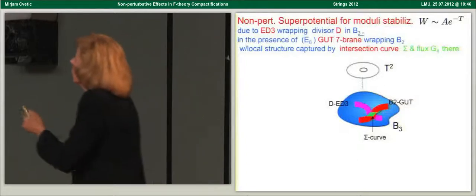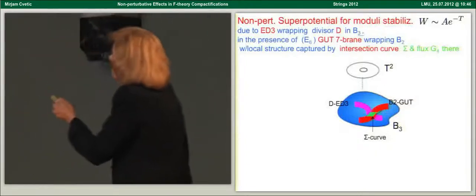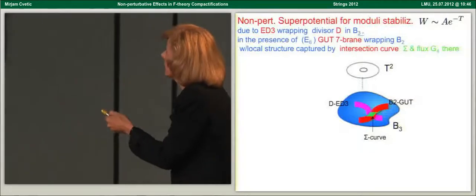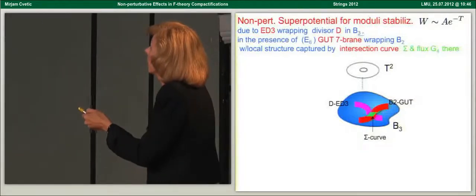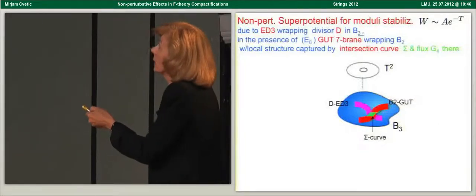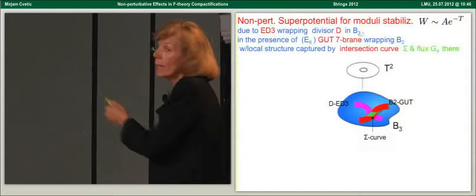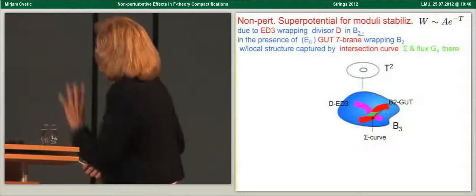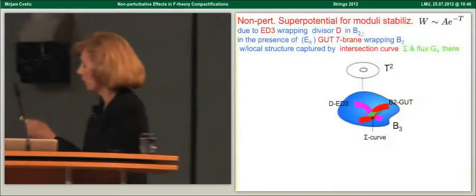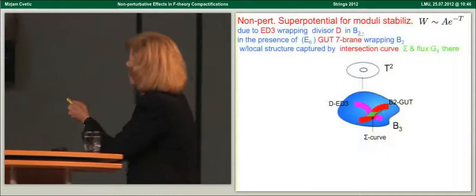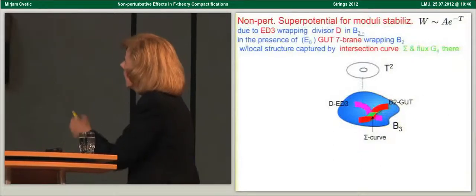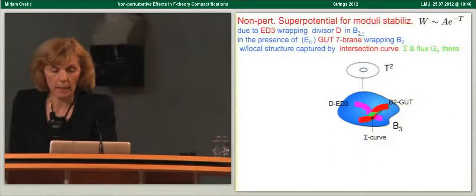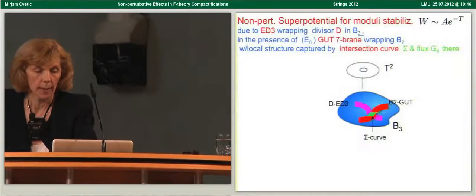In addition, of course, we expect that the key physics of the superpotential will be captured by physics at this intersection, and whatever G4 fluxes will be restricted to this local information associated with the intersection of the instanton and GUT brane divisors.